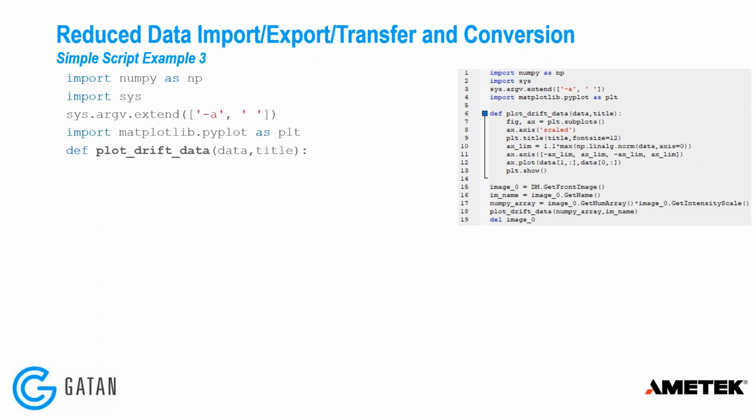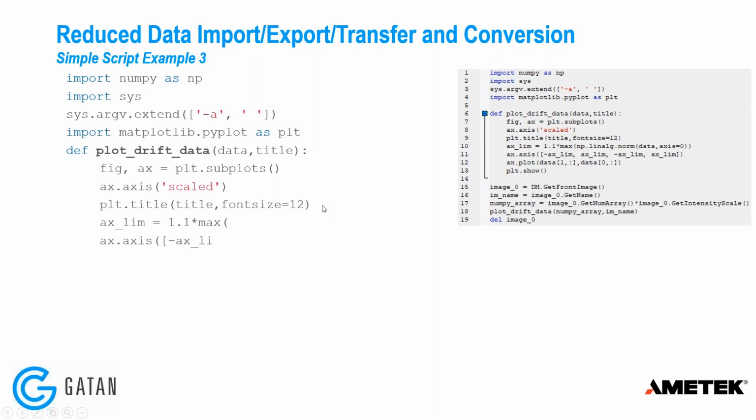So in this script, I'm also going to create my own function. Here I'm starting to define my own function called plot drift data, where I take as inputs to my function data and some string for my title. And we'll see where I get those in a minute, but I'm going to create a figure and an axis in that figure, and I'll put a title on there.